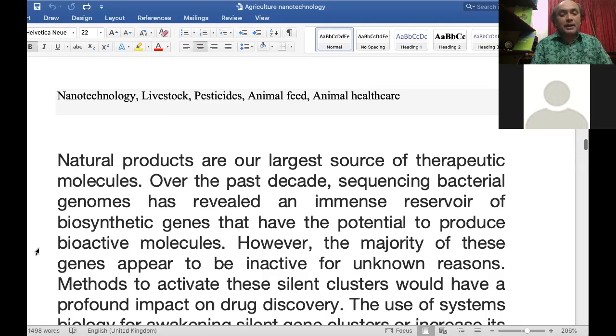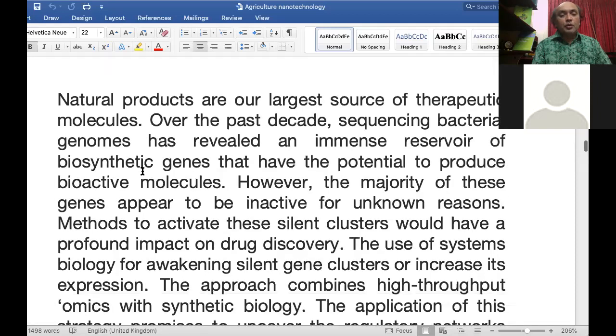So bacteria are the reservoir of biosynthetic genes of natural products, antibacterial compounds, antiviral compounds, or nematicidal compounds. However, the majority of these biosynthetic genes appear to be inactive for unknown reasons. So methods to activate these silent clusters would have a profound impact on drug discovery.